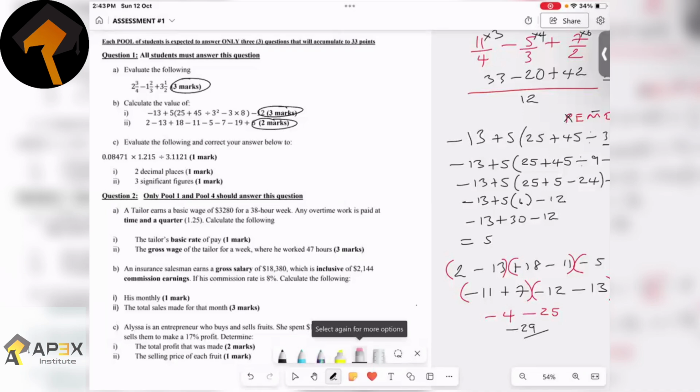Now, my students were encouraged to use calculators. They were also told to bring calculators with them because I knew that this was going to be a question that we would have to eventually get to.